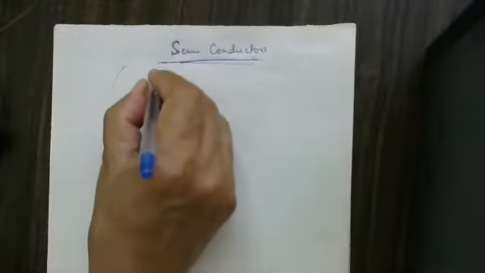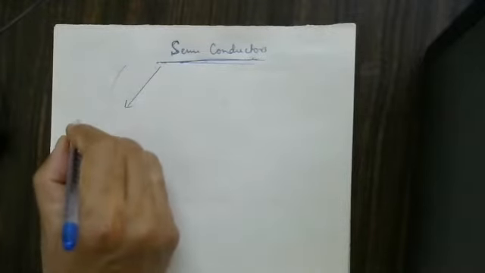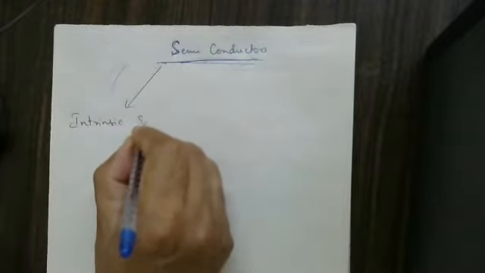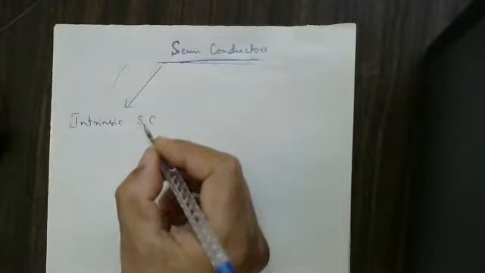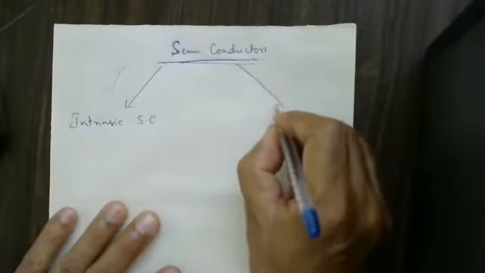Semiconductors have been divided into two categories. One is intrinsic semiconductor, and the other one is extrinsic semiconductor.